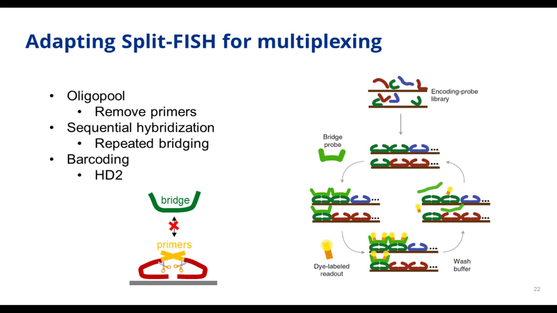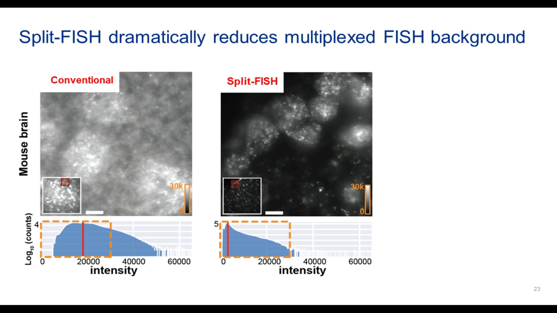And then we designed a specific sequential hybridization scheme, where we first put in a library of encoding probes, and then we add the probe that we call the bridge probe that makes the coincidence detection. And then we flow in the dye-labeled readout probes to light up the RNA.